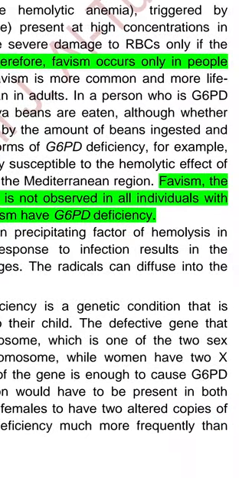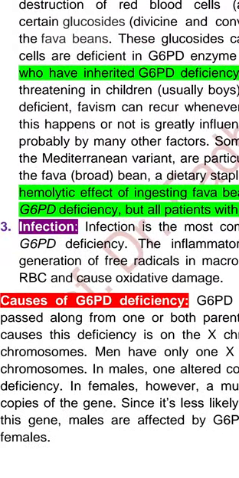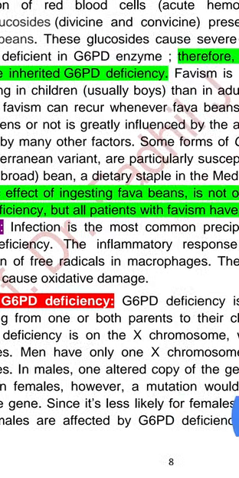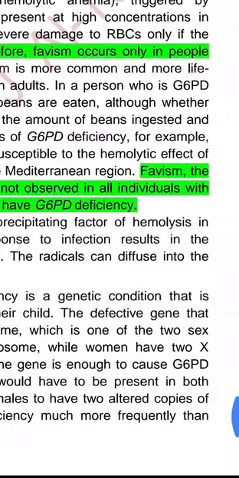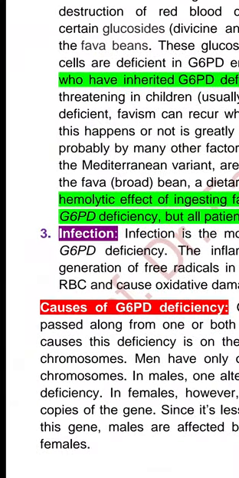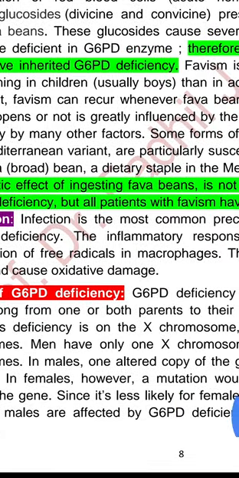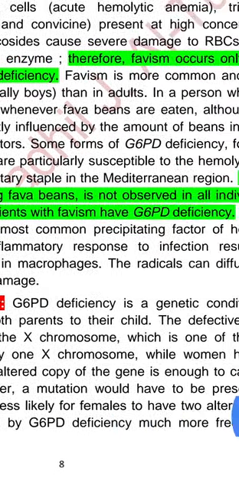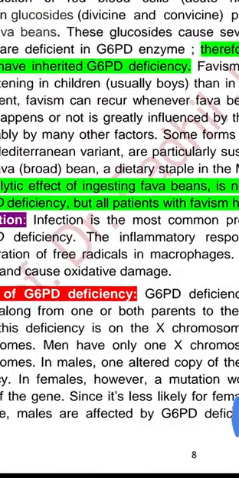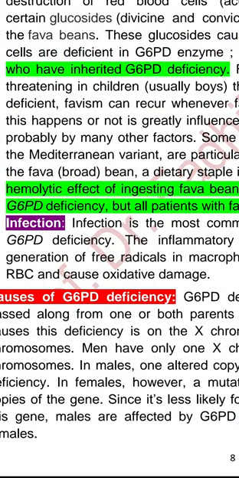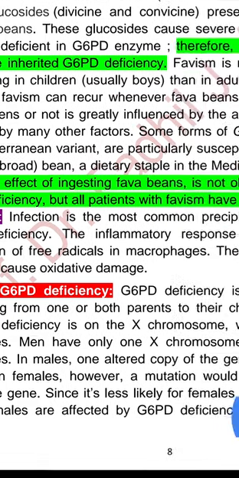In a person who is G6PD deficient, favism can recur whenever fava beans are eaten, although whether this happens or not is greatly influenced by the amount of beans ingested and probably by many other factors.